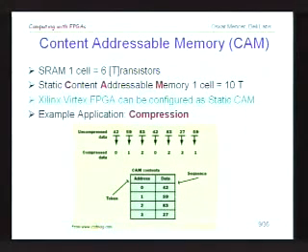I was talking about data structures and implementing data structures and algorithms on an FPGA. So we want to avoid the memory wall and the bottleneck that we have in the memory. And one way to do that is to implement the data structure and the algorithm that we want to run over this data structure in the FPGA. And one standard architecture that probably most of you are familiar with is a content addressable memory.